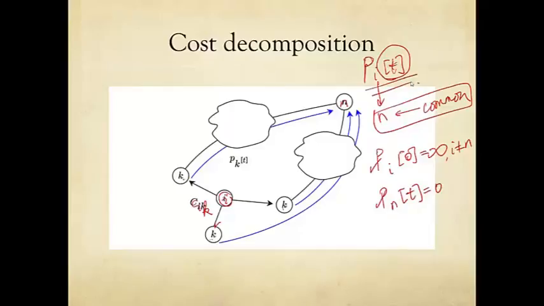Now here comes the somewhat magical part. We want to find out P_I, let's say using t plus 1 or fewer hops. That means we have to go through one of the outgoing neighbors indexed by K, with a cost Cik. Then once you get to that neighbor, you've already used up 1 hop.